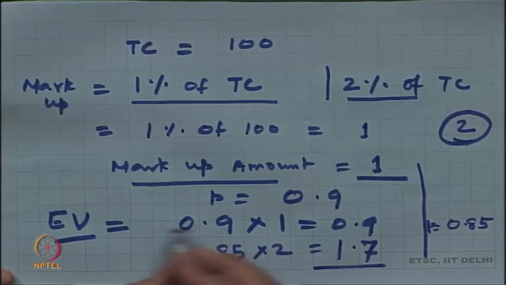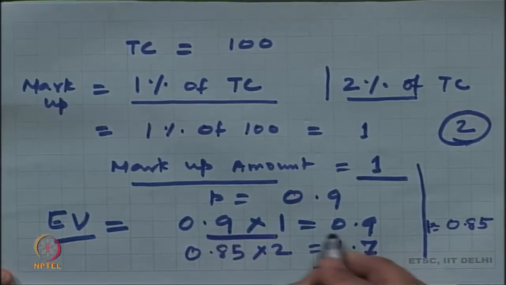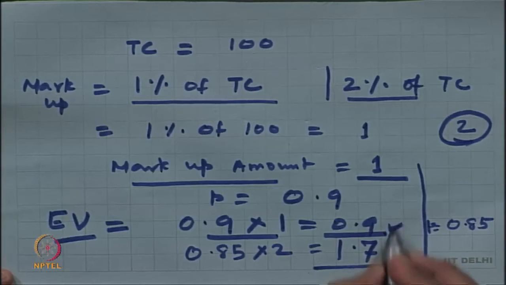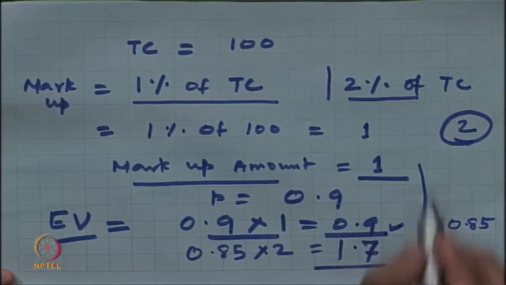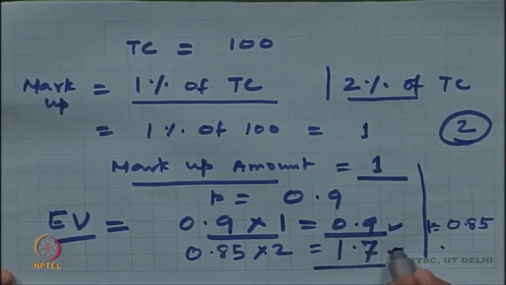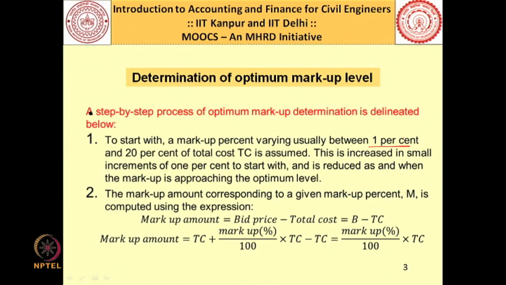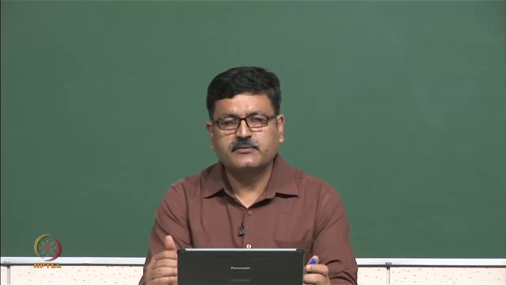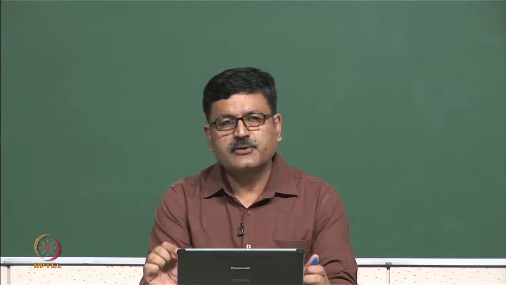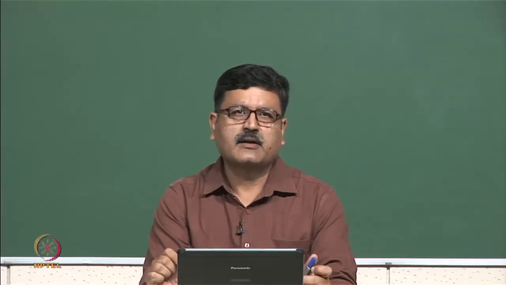So, you found that when you quoted at 1%, your likely markup amount was 0.9. When you are quoting at 2%, it is likely to go up to 1.7. Likewise, you will find that initially there would be an increase in the markup amount, but subsequently you will find that this value will come down. So, we are trying to plot this curve and we are trying to locate the exact markup.